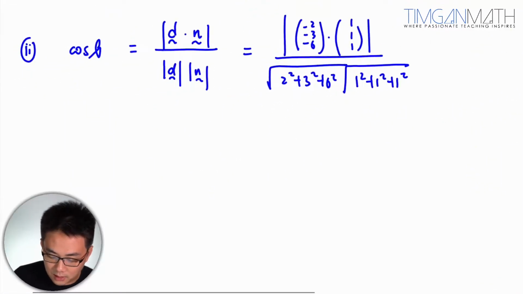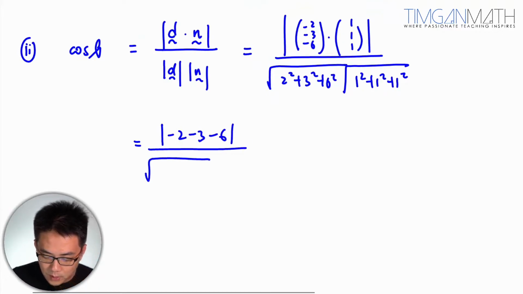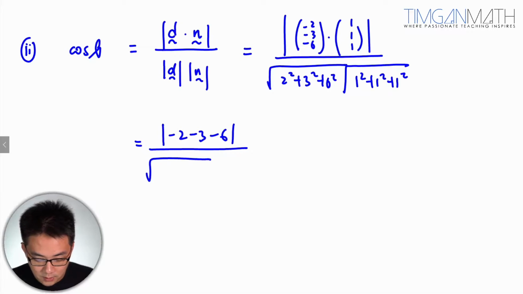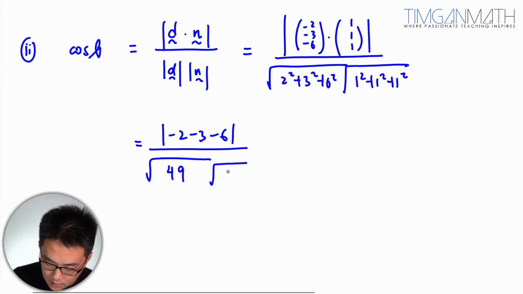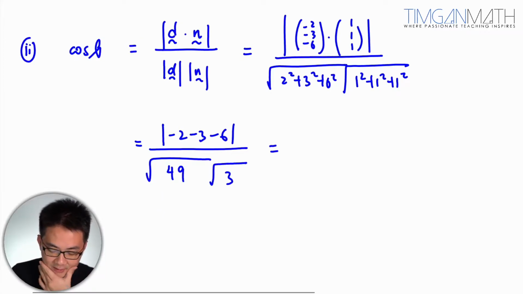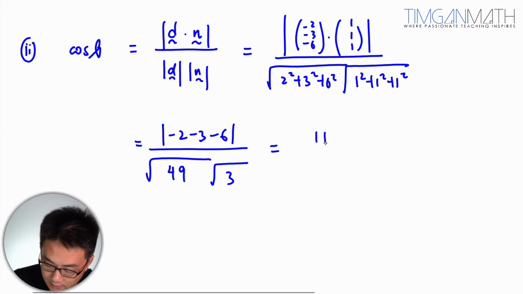I think there's nothing really fancy here. So this would just be 4 plus 9 plus 36, which is 49. This will be root 3. Okay, 7 times root 3, so it's 11 over 7 root 3.